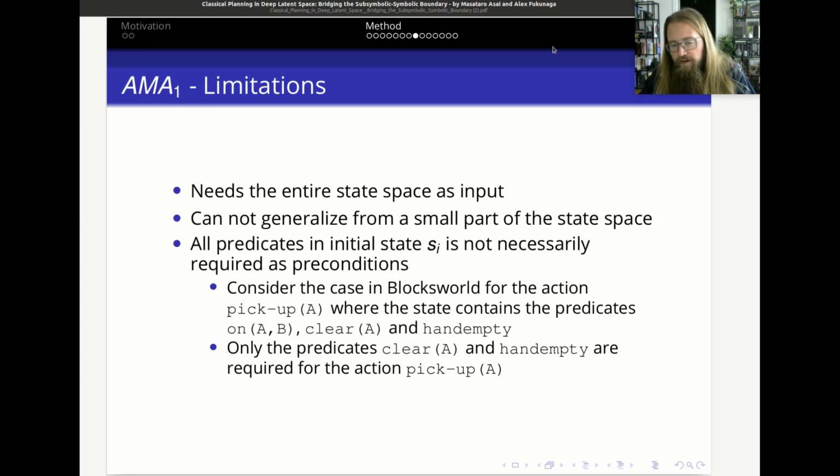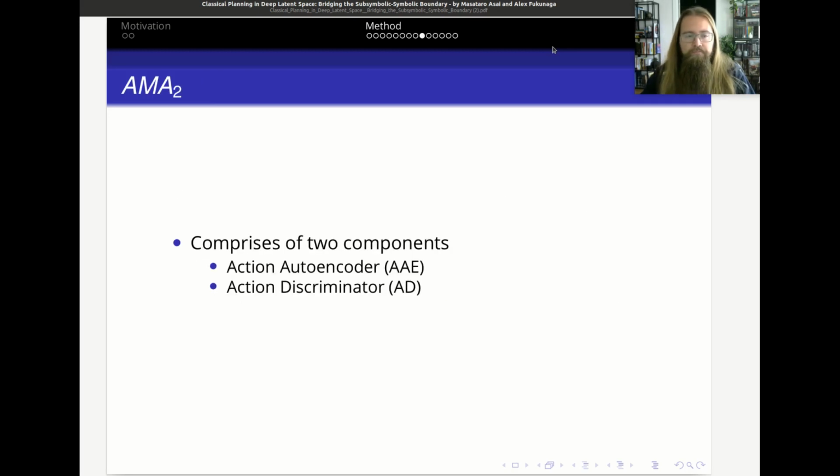And if we have a state where block A is on top of block B, then this action model acquisition method would say that, okay, on A, B needs to be true in this state for this action to be applicable, but that would be an incorrect inference, as we know from the blocks world. So they propose another method for acquiring the actions, which comprises two components.